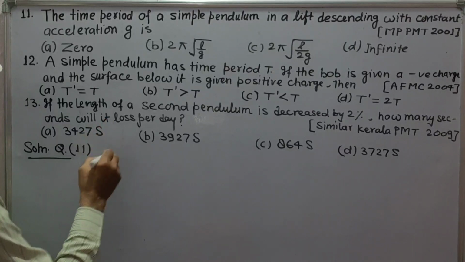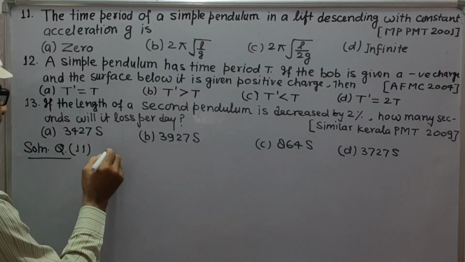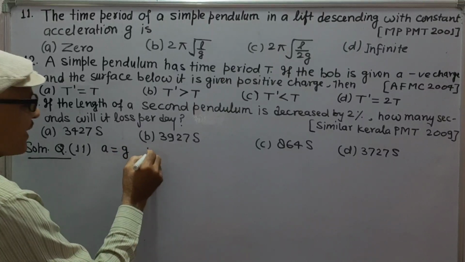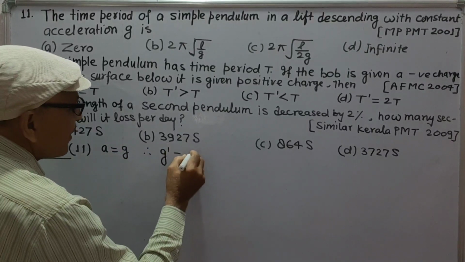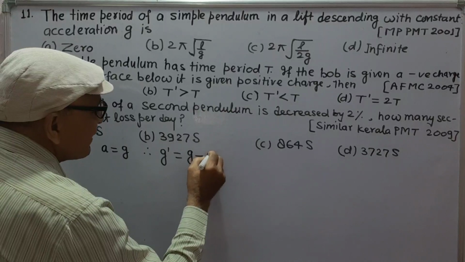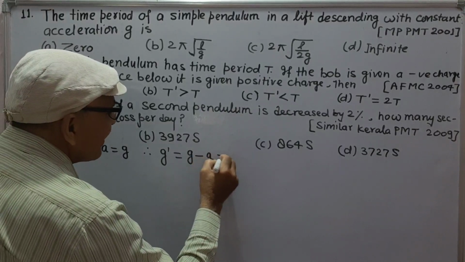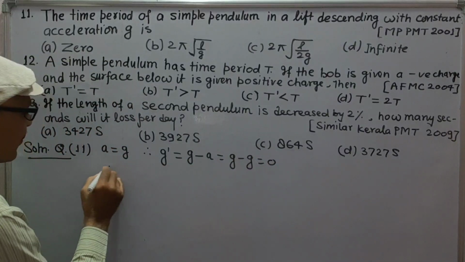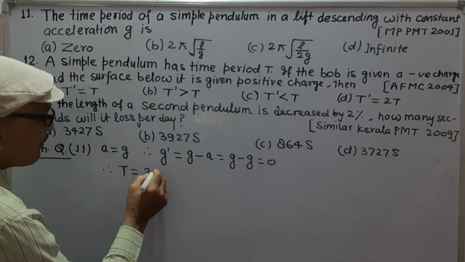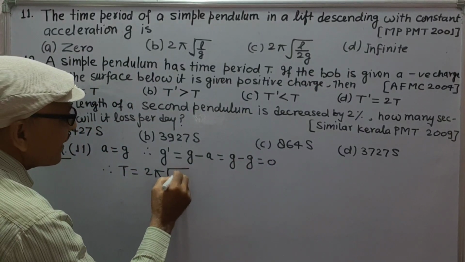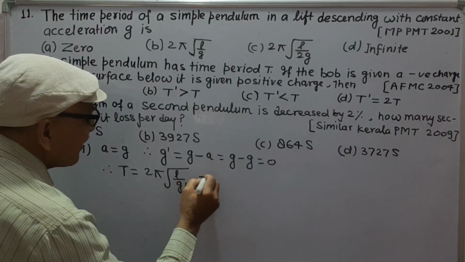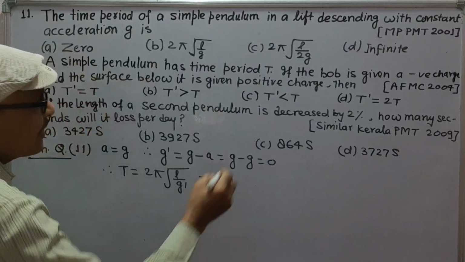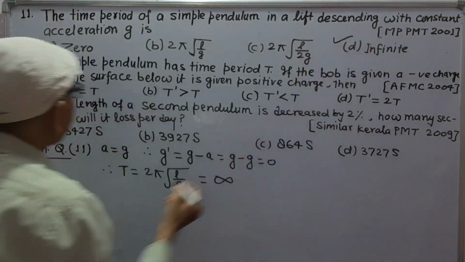For the lift descending downwards, a is g, therefore g dash will be equal to g minus a, means g minus g is equal to 0. Therefore time period will be equal to 2 pi under root L upon g dash, which is 1 upon 0, means infinite. So the correct option will be D.